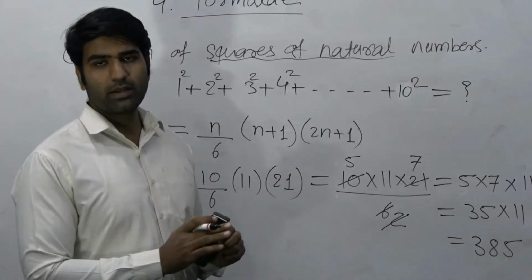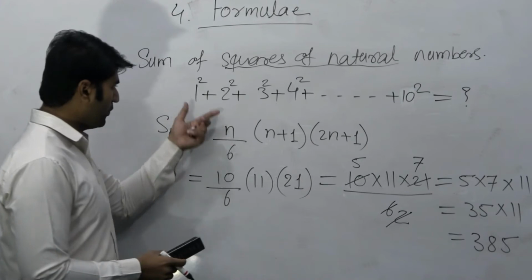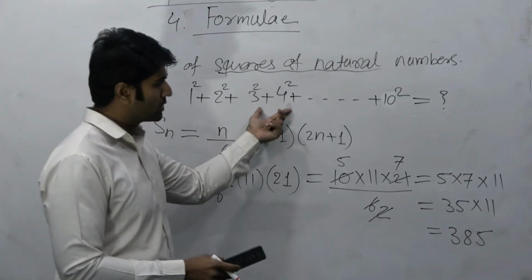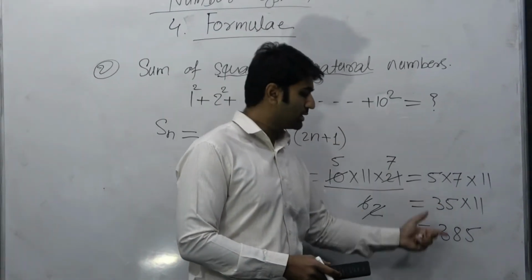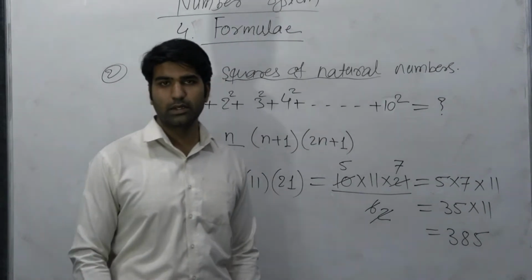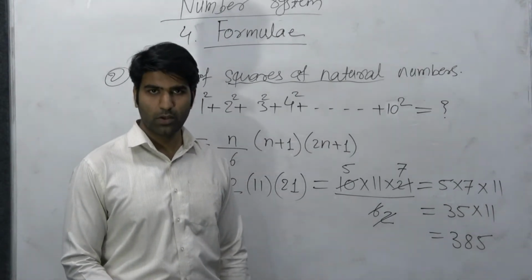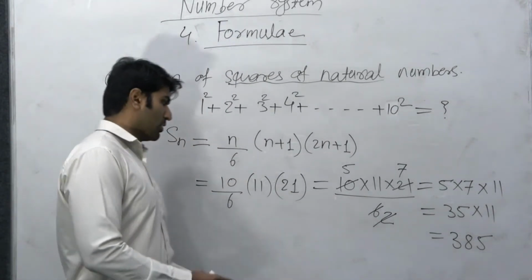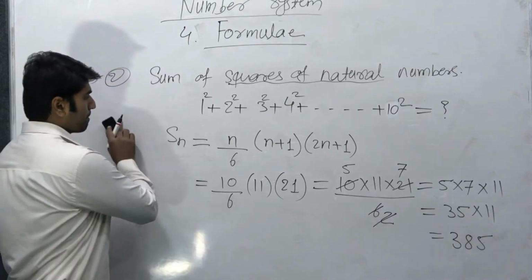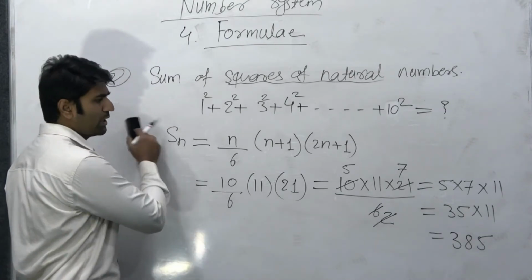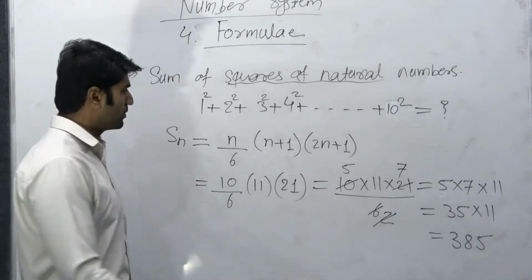So this is our final answer. This is the answer of 1 square plus 2 square plus 3 square up to 10 square, which is equal to 385. Okay, understood? So let's take another example.